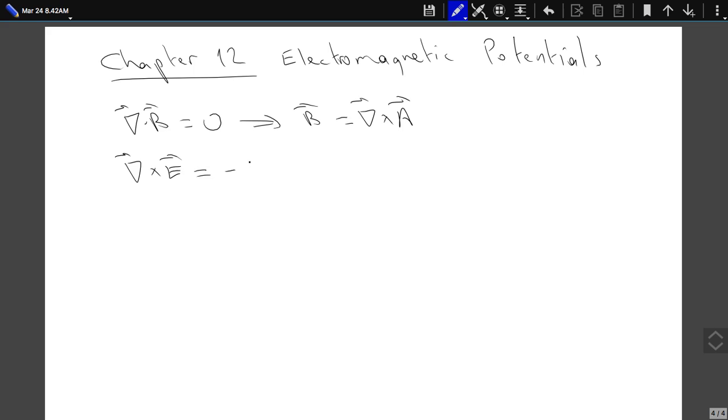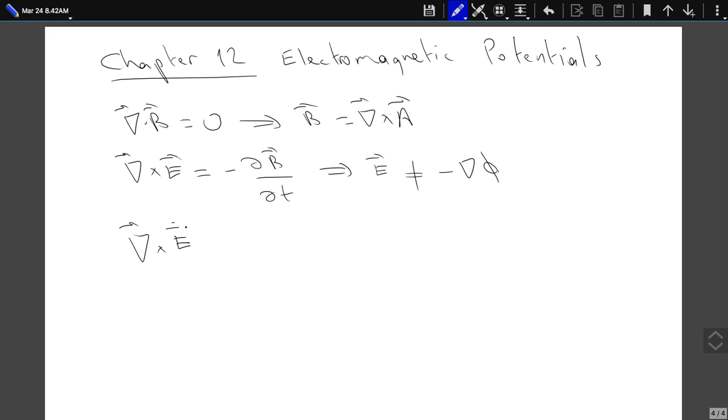But the curl of E is no longer zero. The curl of E is equal to minus del B by del t, which tells me that E is not equal to the minus gradient of some scalar function. So we still have this concept of vector potential in electrodynamics, but we don't have this concept of scalar potential, at least not in this sense.